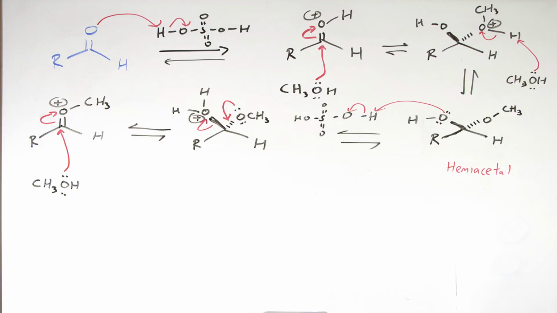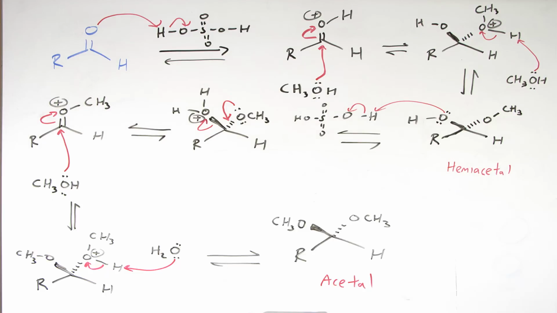Now, I still have a cationic oxygen, which means it's still susceptible to weak nucleophile attack, so the second one does the job. I have the second one coming in. I displaced water here. I could use that as a base.